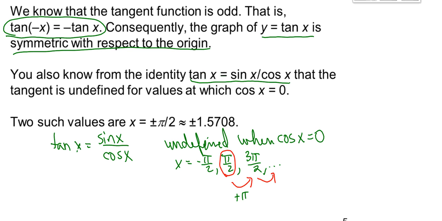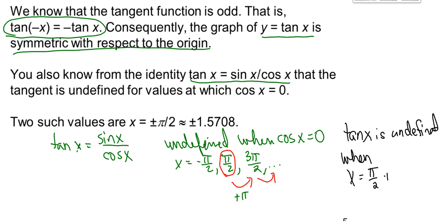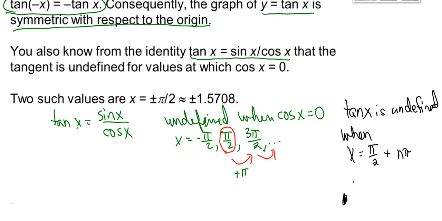So that gives us that the tangent of x is undefined when x is equal to pi over 2 plus n pi, or sometimes I say pi n. Or x is equal to pi over 2 plus pi n.